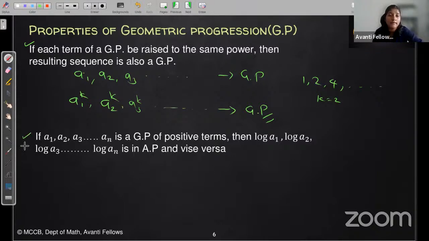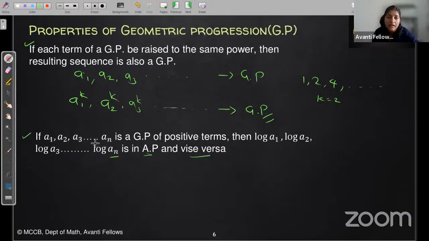What does the next property say? Next property says that if A1, A2, A3, so on up to AN is a GP of positive terms, then log A1, log A2, log A3, so on up to log AN is in AP and vice versa.